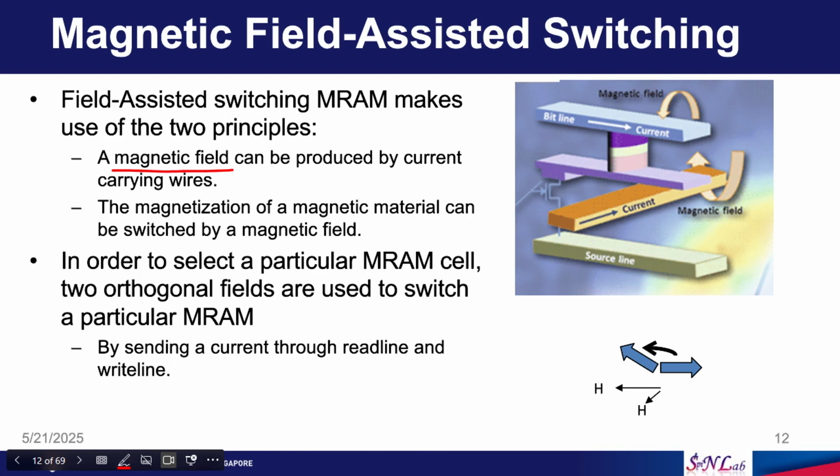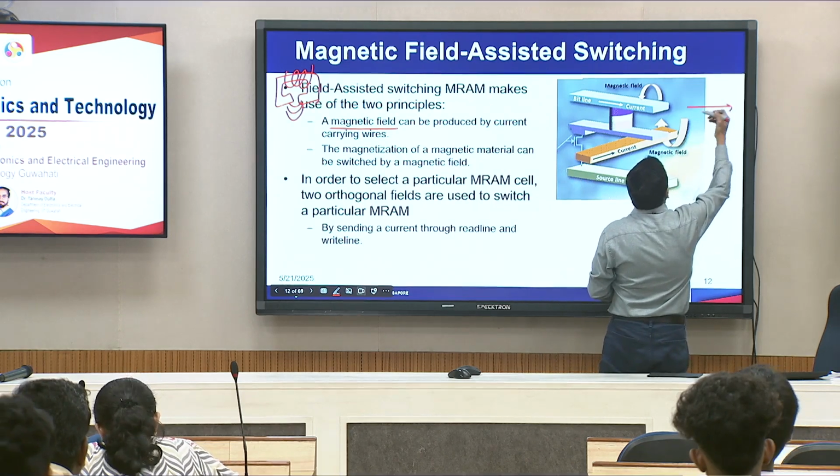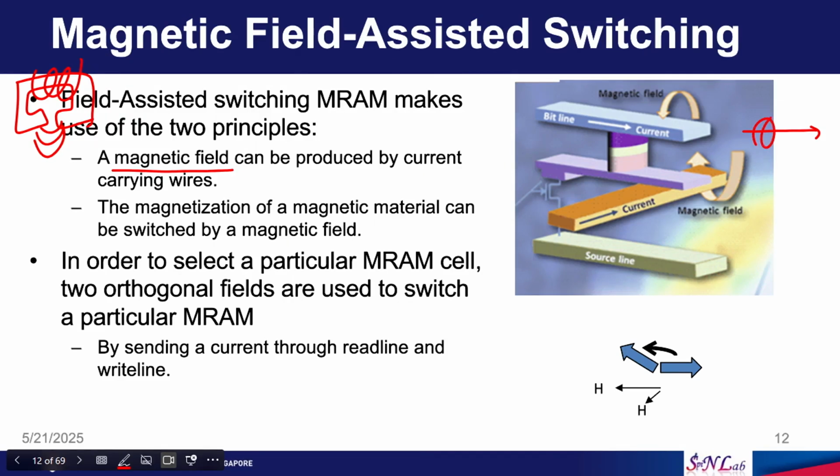In magnetic recording we had a coil, then a ferromagnetic core, and we use this core's magnetic field to write information. If you remember the lecture on magnetism, I taught you 3 ways of producing a magnetic field. In the first case, if you send a current through a wire, you will produce a magnetic field.